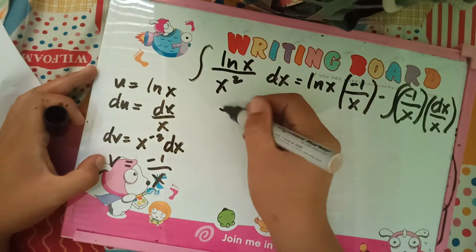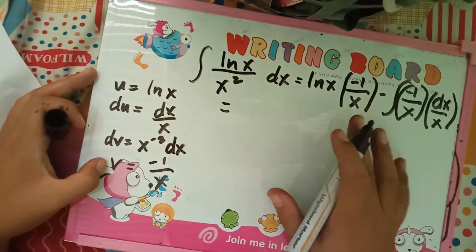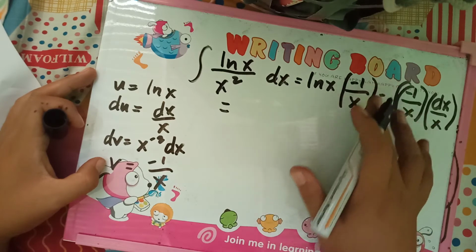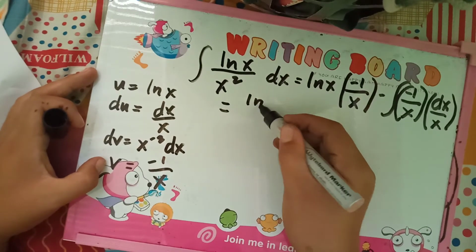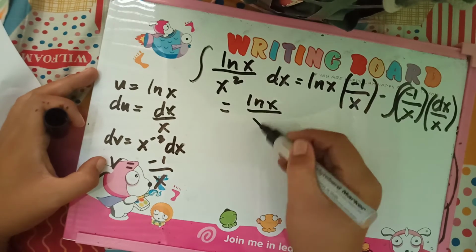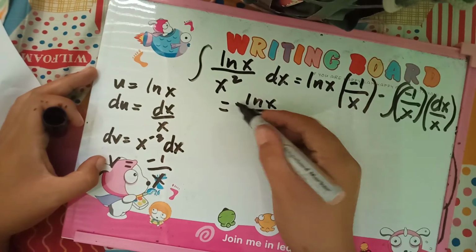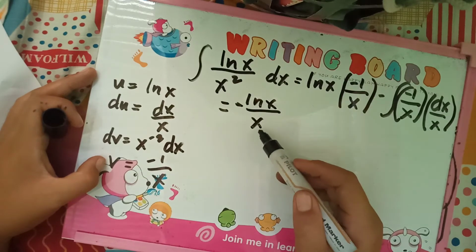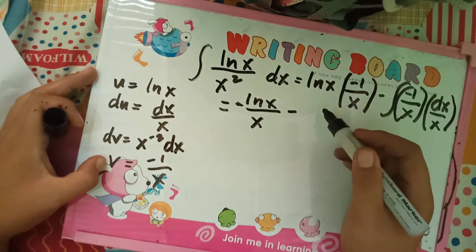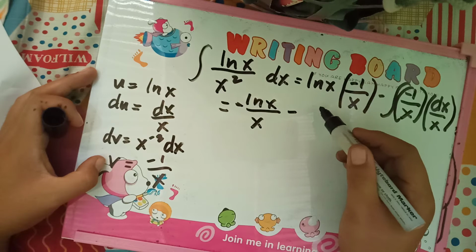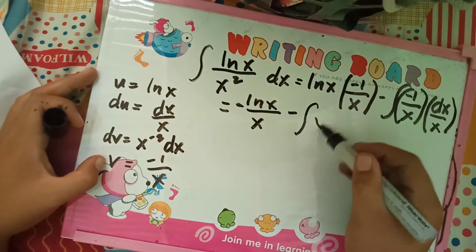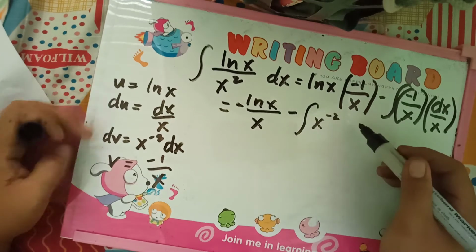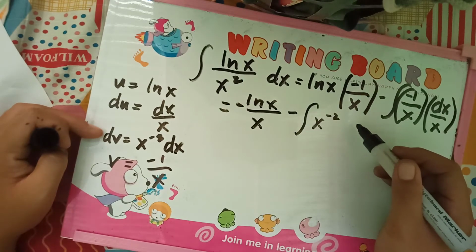Ayan. Your ln of x multiplied by negative 1 will be equal to ln of x over x. Negative ln of x over x minus, we are going to integrate this. Magkakaroon tayo ng x to the negative 2. Babalik tayo dito sa dv. Tama?